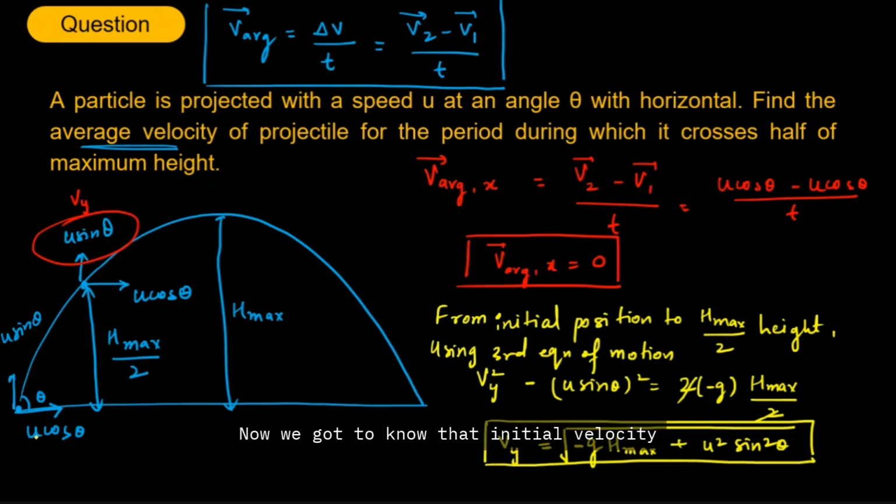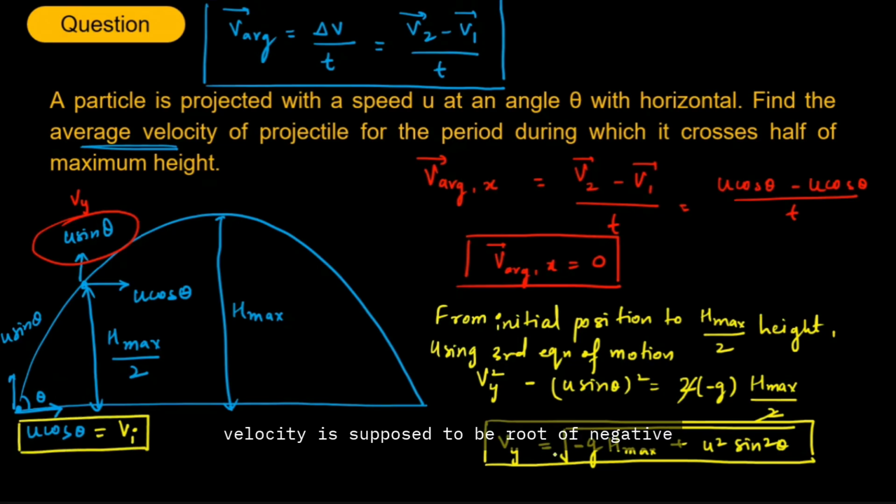Now, we got to know that initial velocity is supposed to be u cos theta, whereas final velocity is supposed to be root of negative of g h max plus u square sine square theta. Again, to find average velocity, we'll apply the same formula and we'll have our average velocity like that. So V average along y-axis is going to be v2 minus u1. So v2 is this.